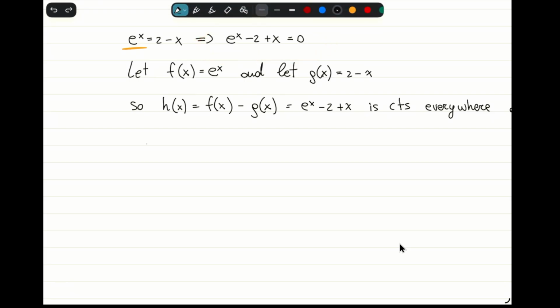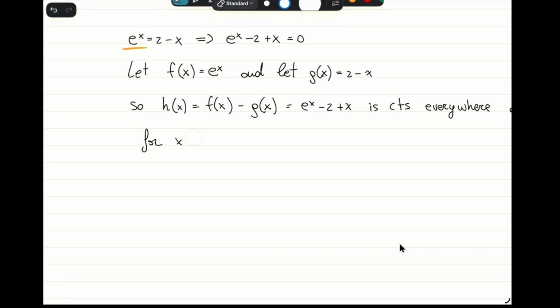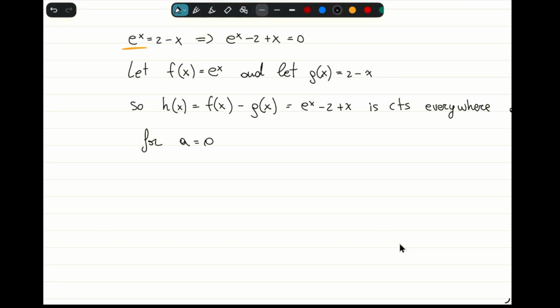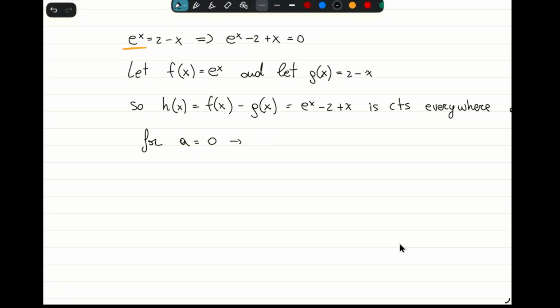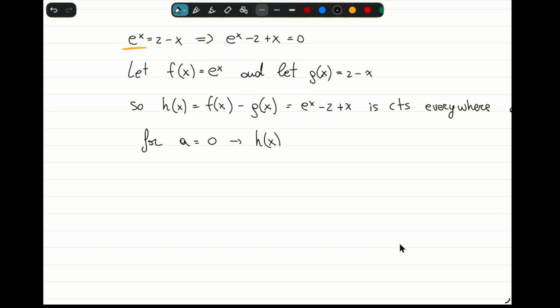And in this case, let's say for x, for a equals, for example, 0, we get h of 0 equals e to the 0 plus 2 plus 0. You know, sorry, minus 2. That's why minus 2. So you know that e to the any number elevated to the 0 is just 1. So this is negative 1.